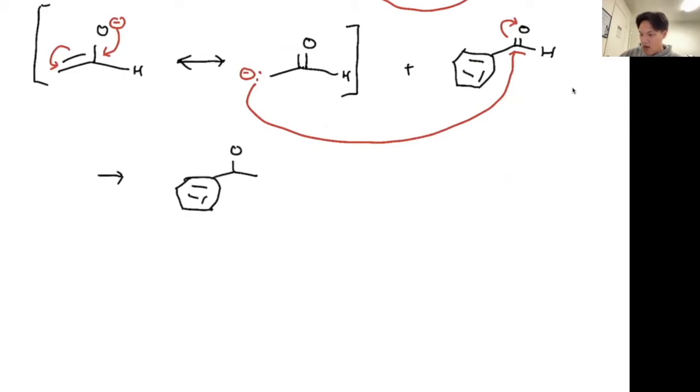Right? This has the O. This is 1, 2, 3, right? 1, 2, 3, and then this is a hydrogen, right? And then now this is negatively charged. Let's move this down so you all can see a little bit better.